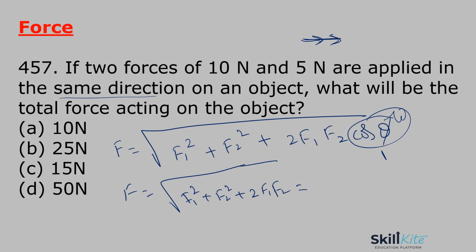By substituting values, 10 squared plus 5 squared plus 2 times 10 into 5.